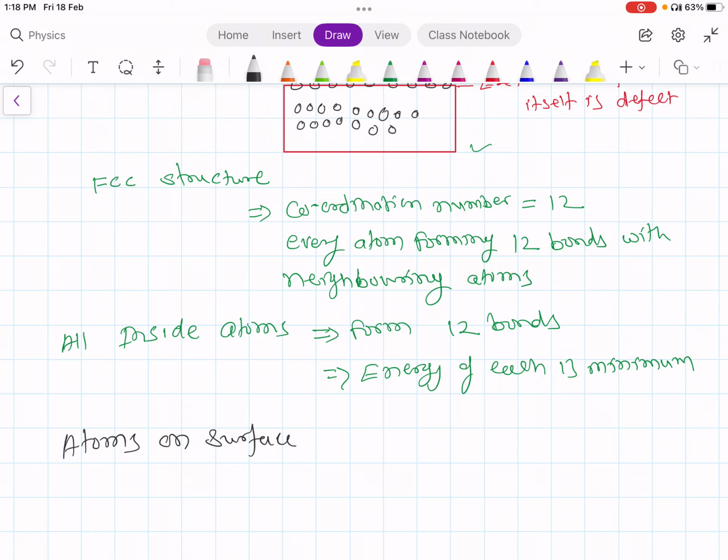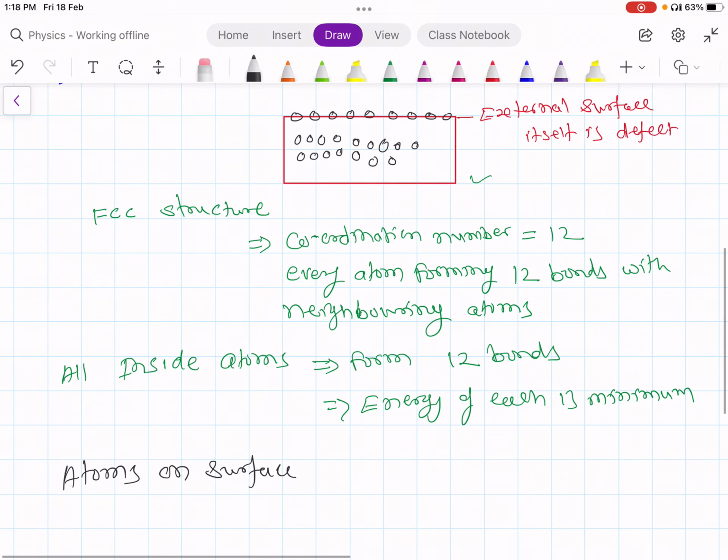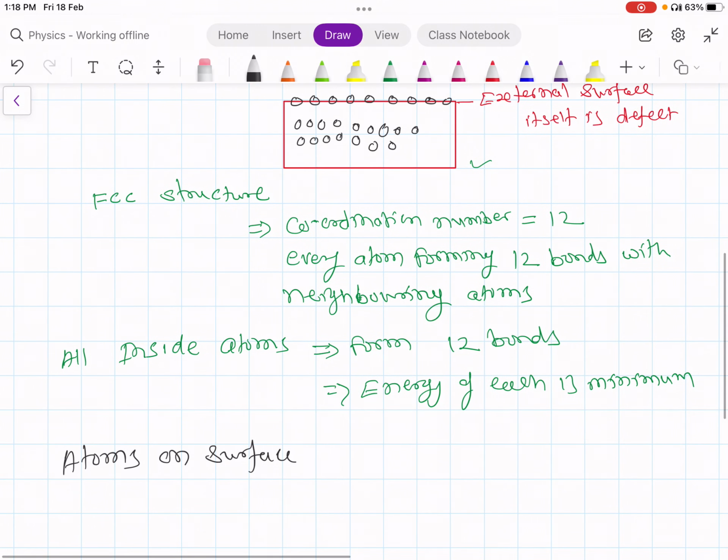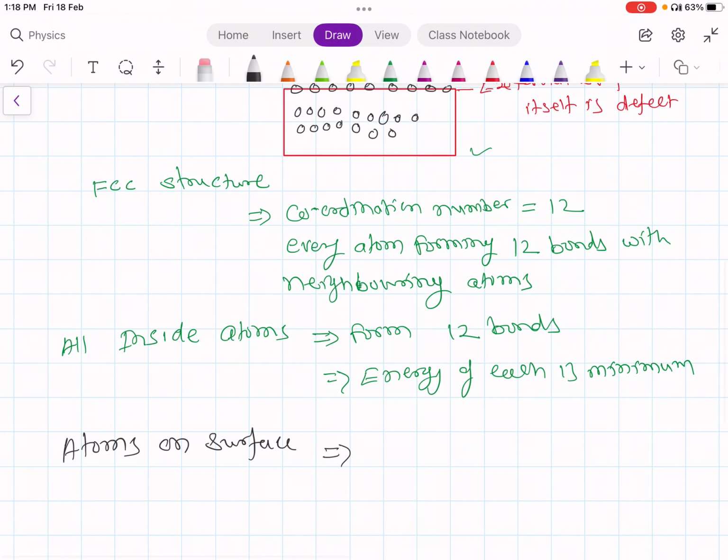Their neighboring atoms are only on one side and the other side is free. So those atoms which are on the surface will form four bonds in the same plane.